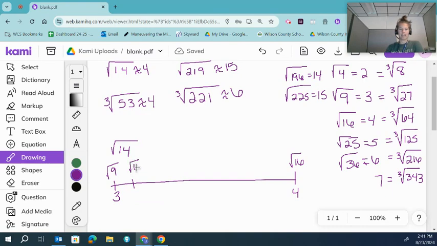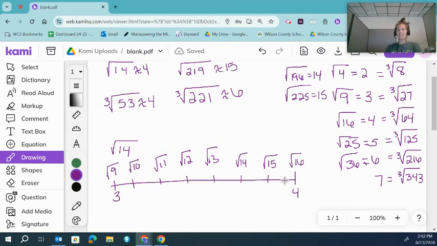So square root of 10, square root of 11, square root of 12, square root of 13, 14, 15, and then we get to 16. You can see here that we have 1, 2, 3, 4, 5, 6, 7 spaces between.